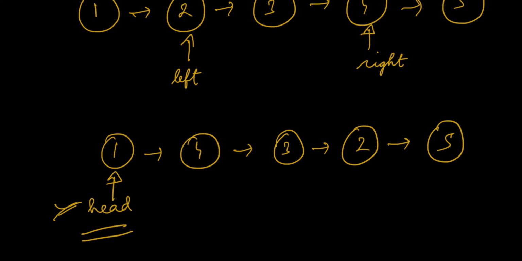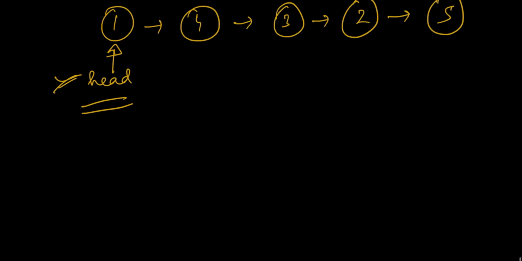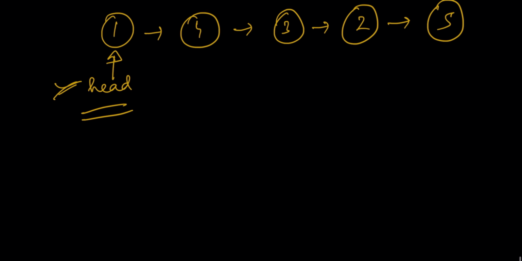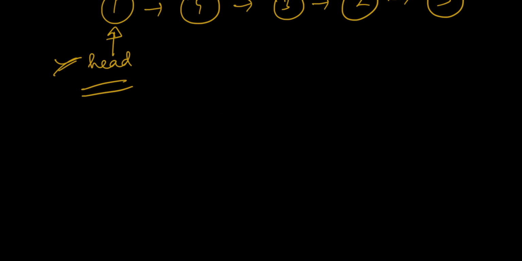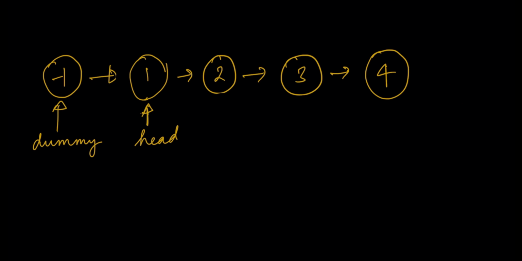But what if the head is changed? So in what case the head is going to be changed? So now let's have a look at the case where the head of the linked list can change. So here we have this linked list where the head is at 1, dummy node is -1, and dummy.next is head. We have already said that.